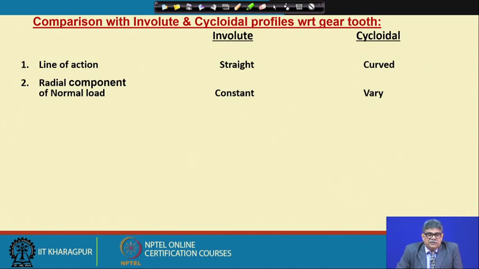The radial component will be constant in case of involute, but as the path of contact is curved in case of cycloidal, it will vary. What does it mean? In case of involute tooth, the radial load going to the shaft will always remain constant for a constant torque, whereas in case of cycloidal tooth, for a constant torque, that will vary.